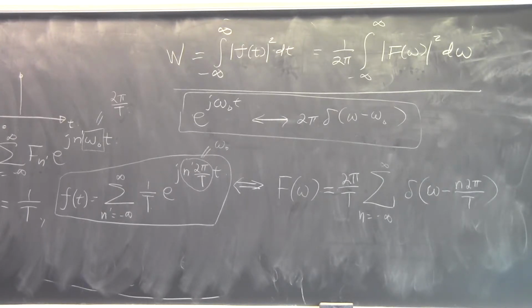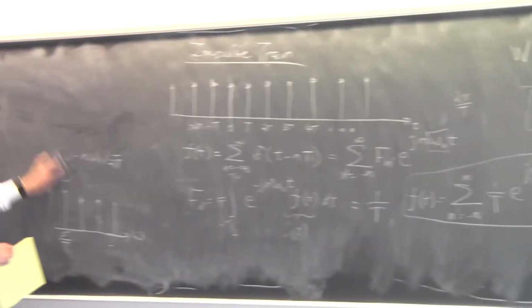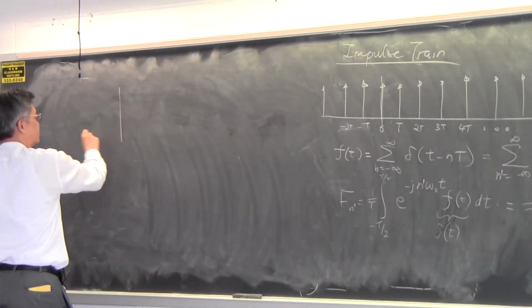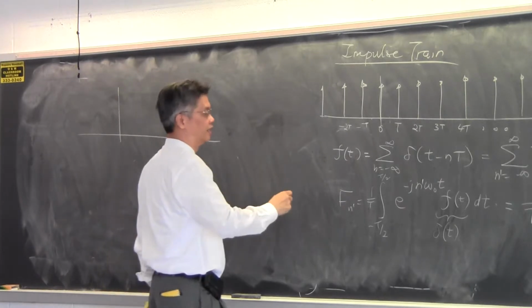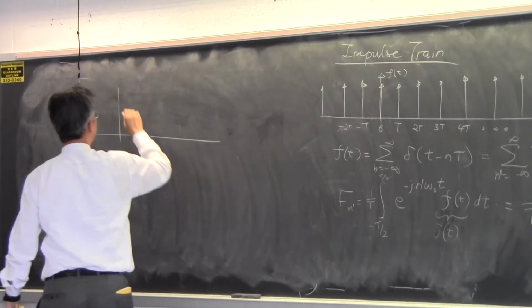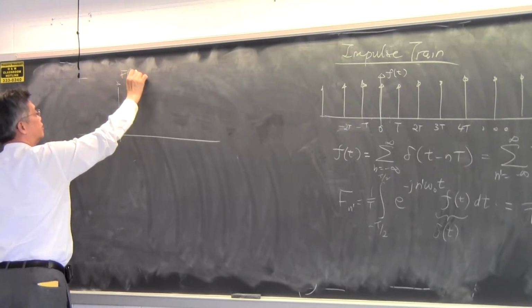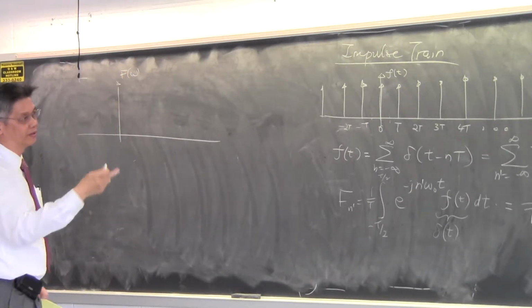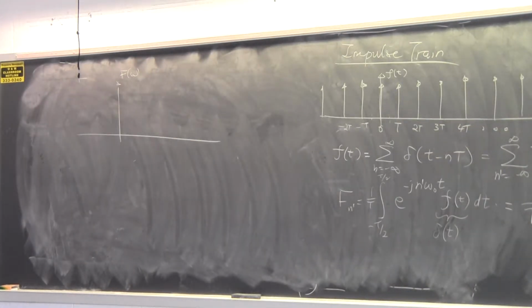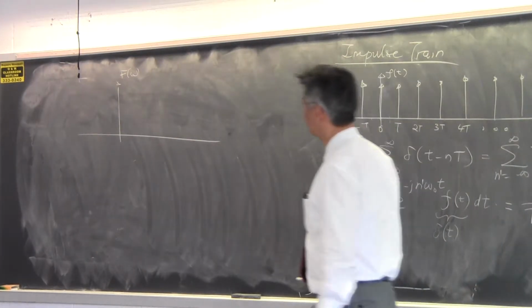Except that this impulse train has a spectrum spaced at a different interval. So if this is f of t, which is an impulse train, f of omega of the impulse train will also have impulses at all different locations.